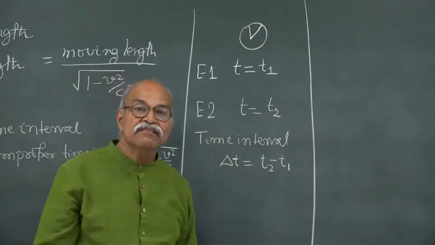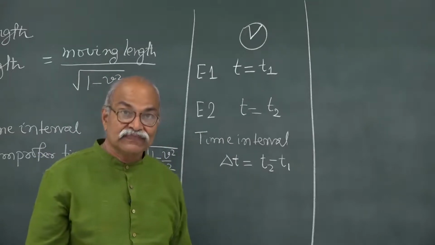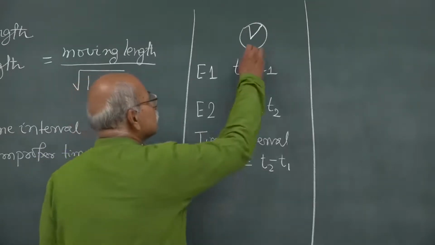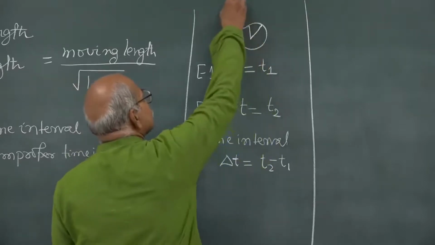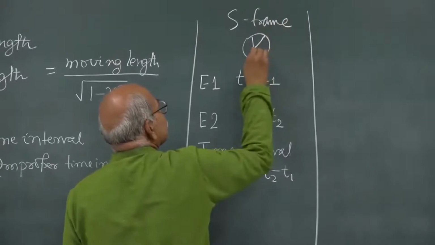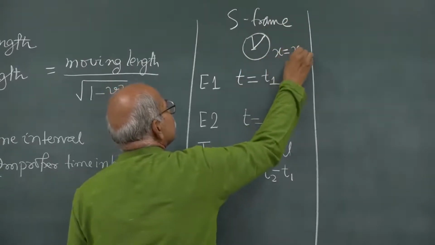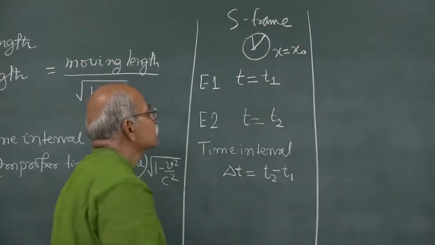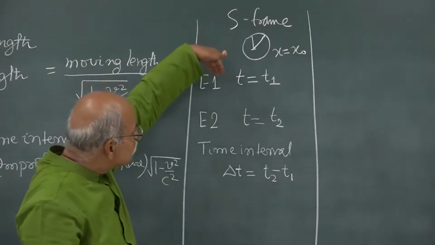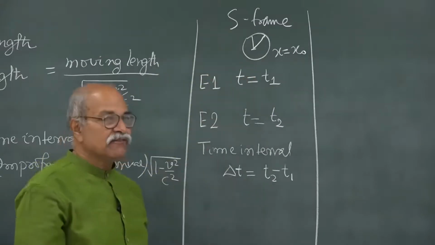What happens if I see it from some other frame? Suppose this frame, let us write this frame as S frame. In this frame, this is fixed, x is equal to some x naught, this position is fixed, and then the first event is this and the second event is this, and this is the time interval.